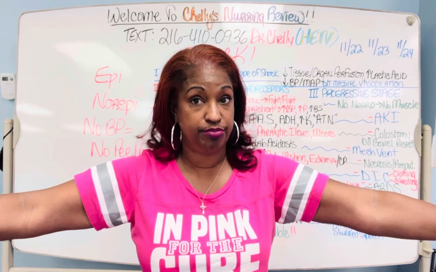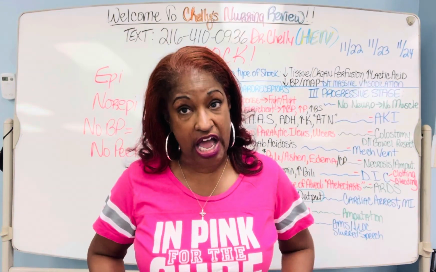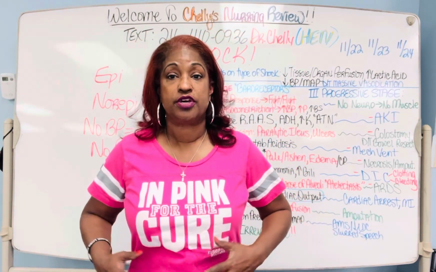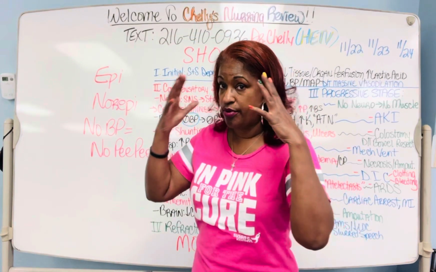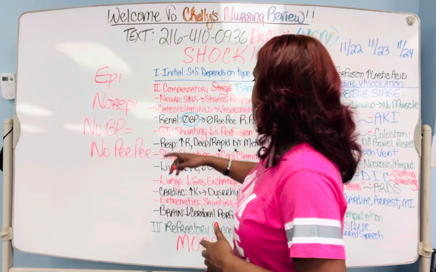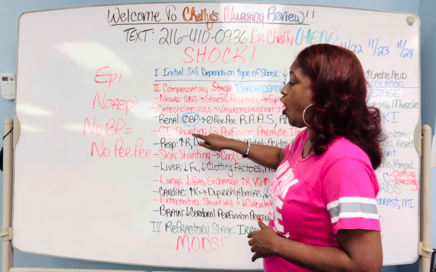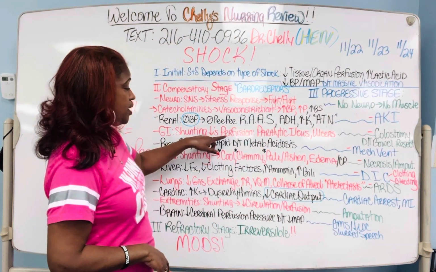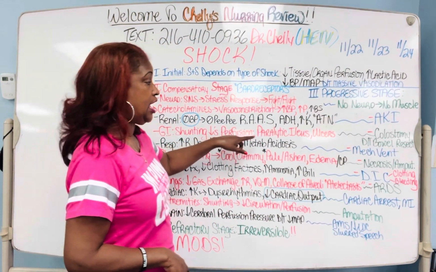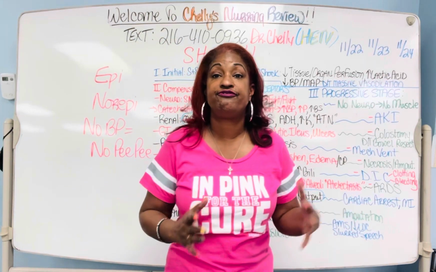It even takes the blood from the kidneys. It takes the blood from the gut. And this is where we get to the GI system. So if you take all the blood from my gut and you shunt that blood to my brain and my heart, then my GI system, after you shunted all the blood away from it and decreased the perfusion, will no longer move and digest food.